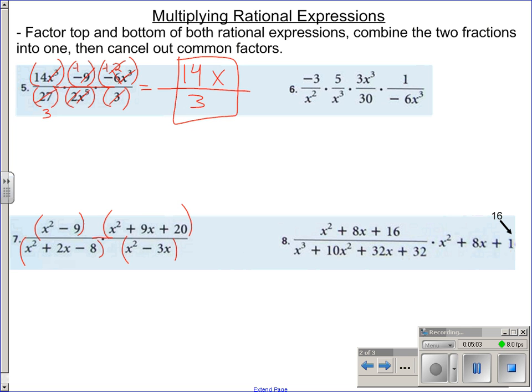So this numerator would become x plus 3 times x minus 3 times, this one would factor to x plus 4 times x plus 5. There's all your factors of the numerator.